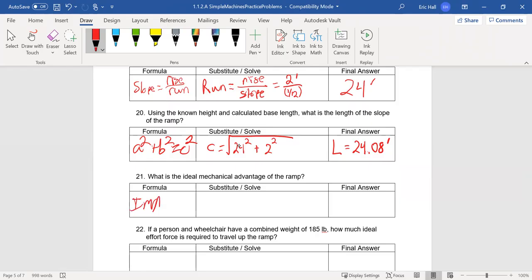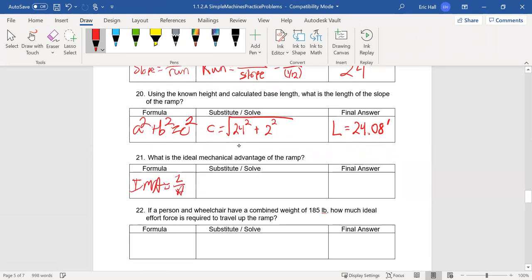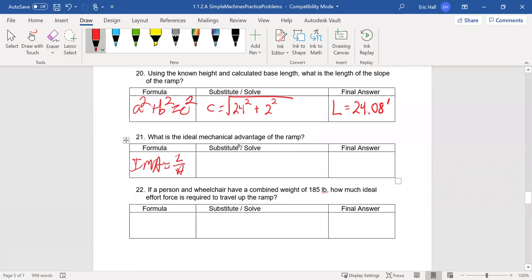Okay, 24.08. From there, we just use our IMA equations, right? IMA equals L over H. I'm not going to do that for you. You guys can figure out what that is. And then for the last one, once we figure out IMA, we use IMA equals AMA, just like before. You should be able to figure out what's going on there. If you want, I could just rewrite it.